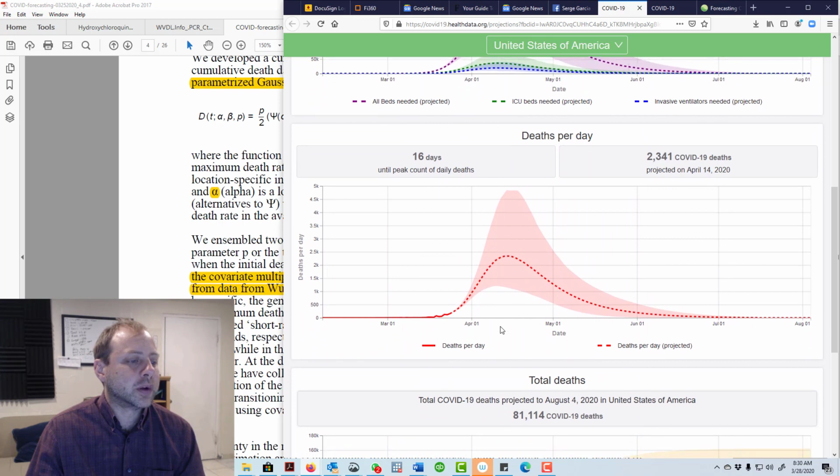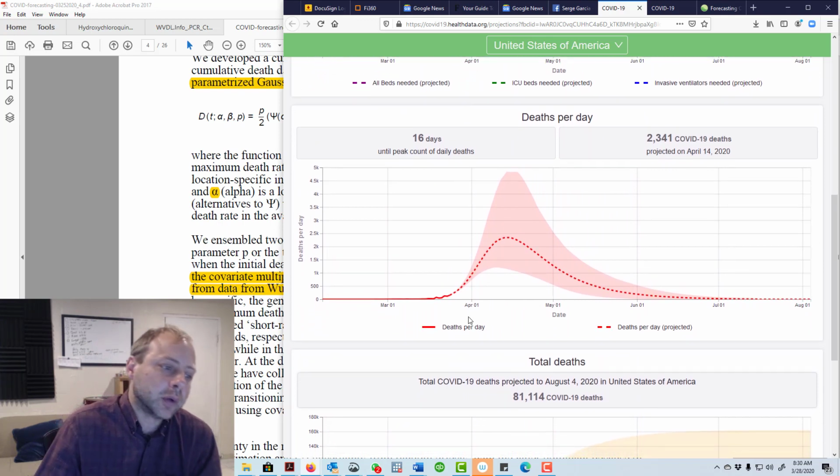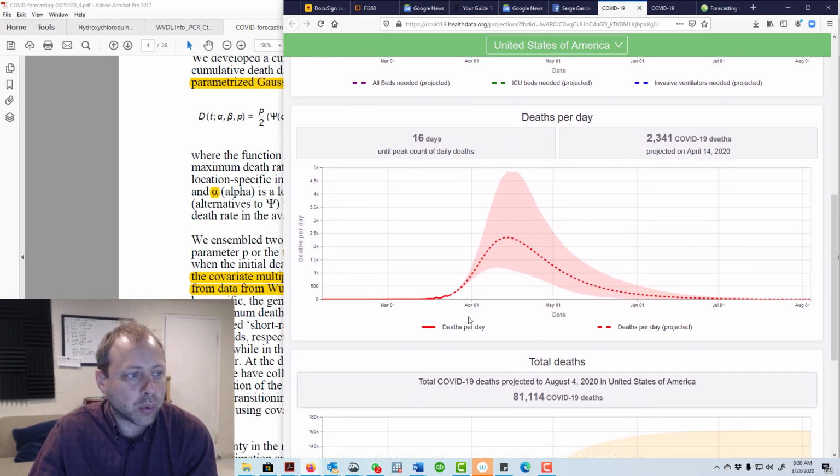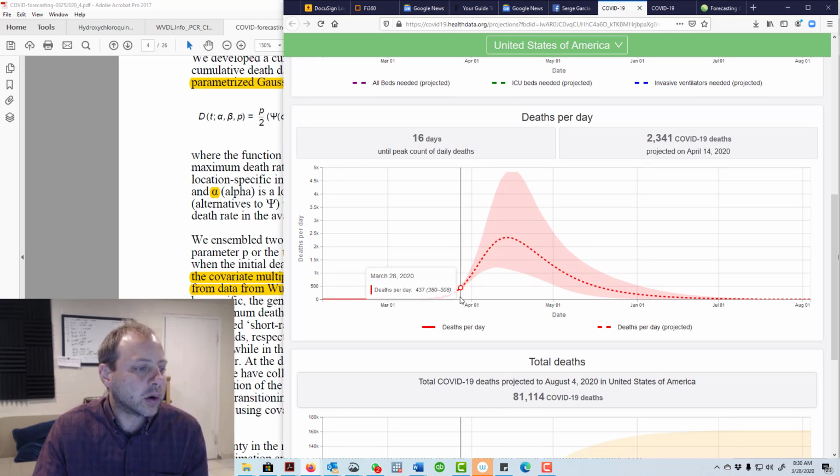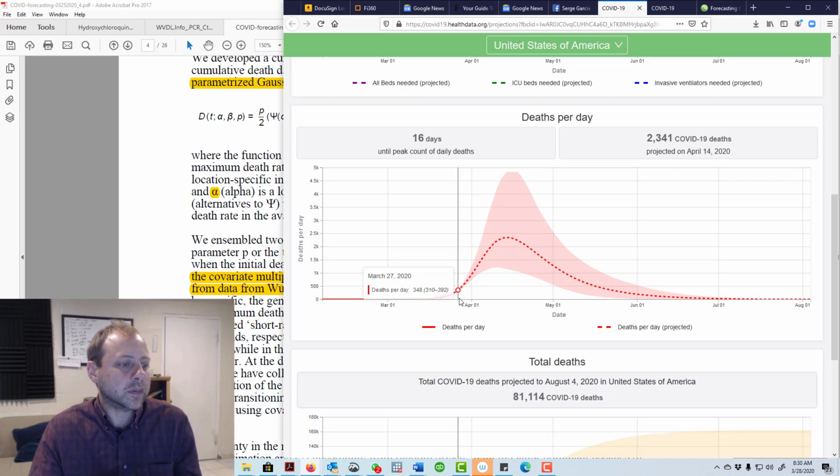Number of deaths per day. This is problematic. This is what people want to report on the news. It's what makes us really, really scared. Right now we are on March 28th. Well, it is the 28th, but let's go back to March 27th, because we can measure, this includes yesterday's numbers, or actually, this is as of March 24th.